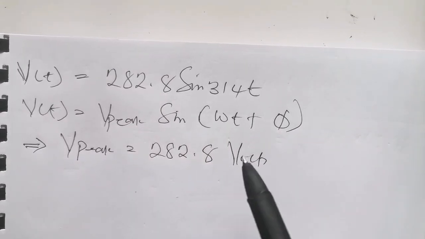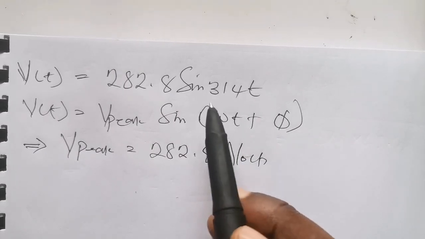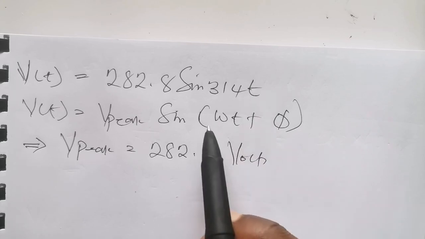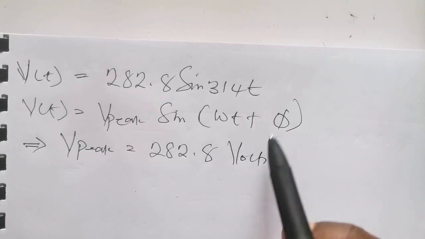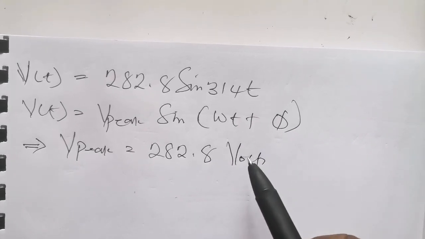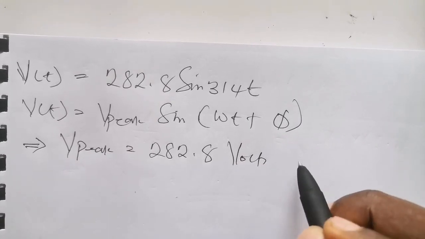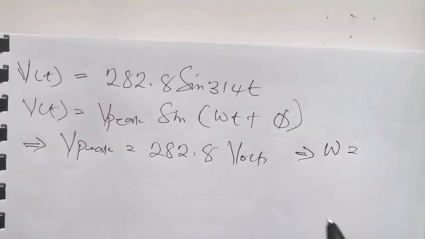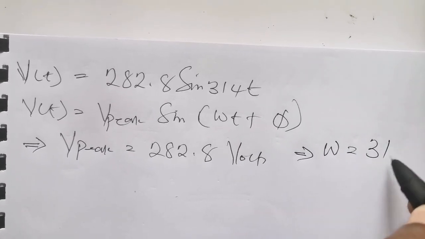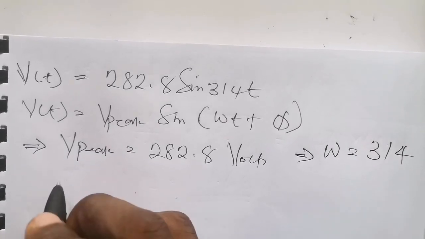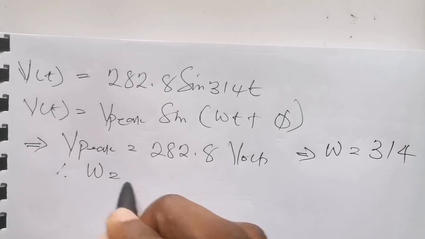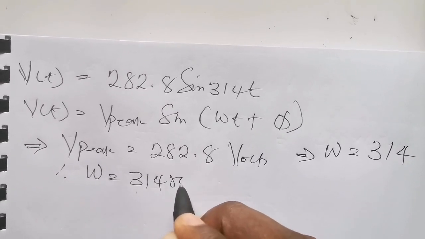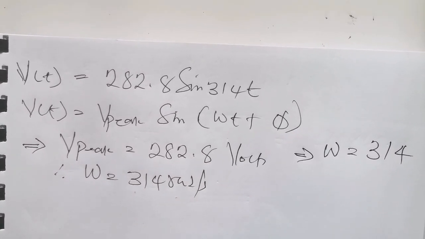In this case we are not given any phase angle because we just have 314t and we have omega t plus the phase angle, which means the phase angle is 0. So this also means that our angular frequency is equal to 314 radians per second.